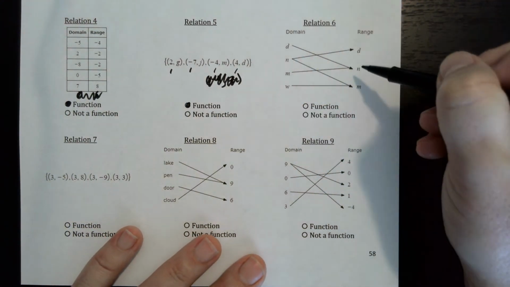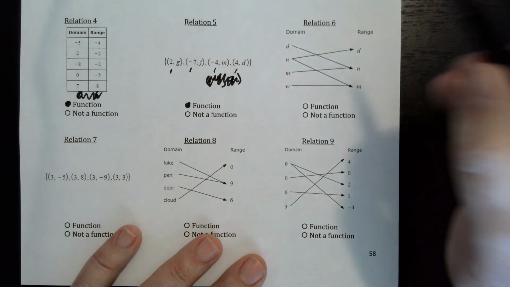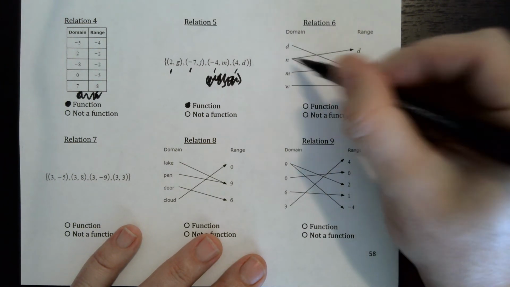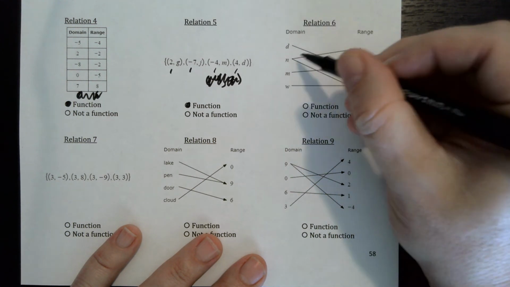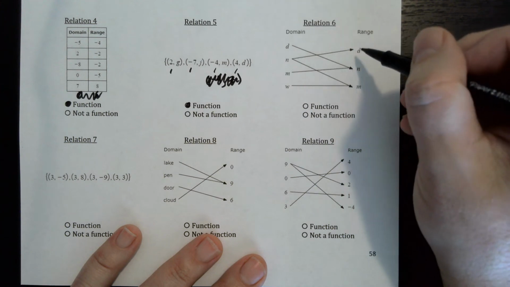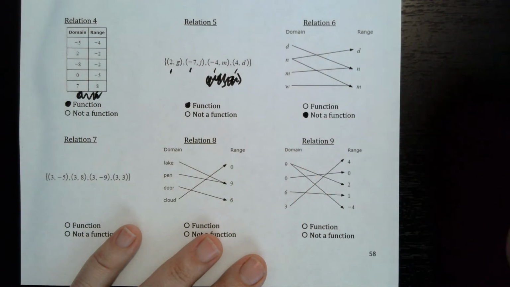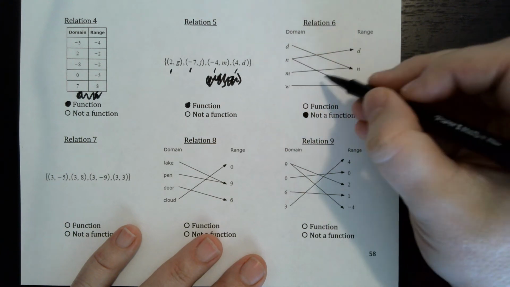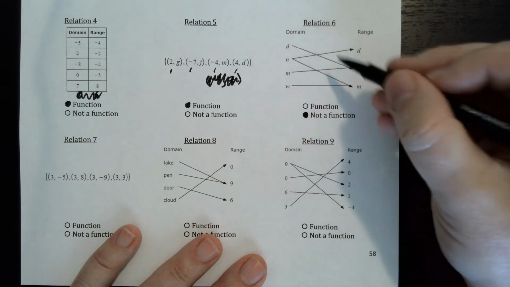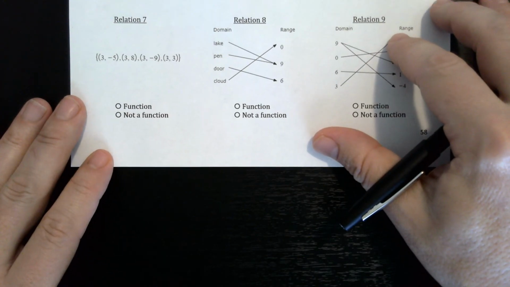The D goes to only one value, the M goes to only one value, the W goes to only one value, but the N goes to two different ranges, so you can't have that. You can't have two different answers. If you plug in an N into your domain, you should only get one answer out for your range. So this one is not a function. To make it a function, one of these lines on the N would have to disappear. Either one.